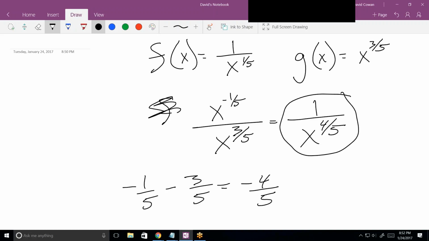In other words, because it's an odd root, x can be negative or x can be positive. The only thing I can't have is a 0 for x, because then I'm dividing by 0. So this is all reals except x cannot be 0. Okay? Well, if I go up and look at f of x and g of x, g of x has no domain restrictions at all. That's all reals. Right. F of x has that same domain restriction that x cannot be 0.